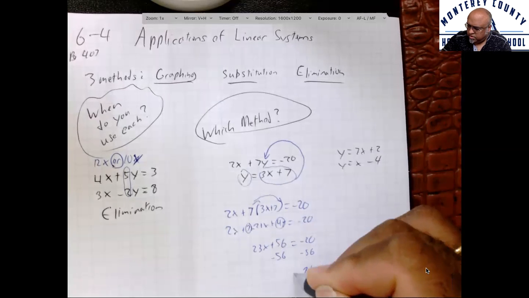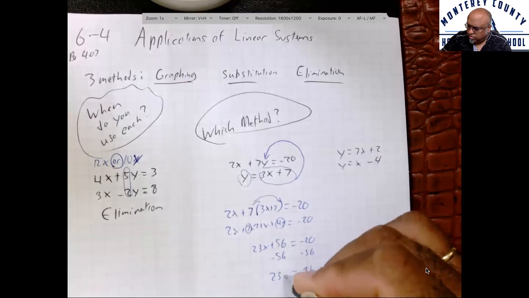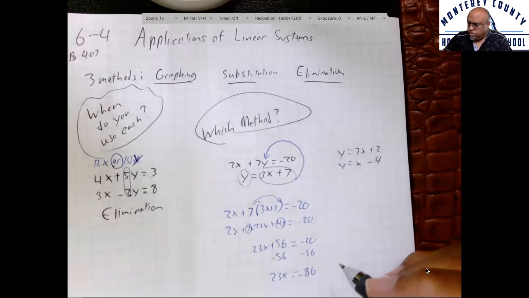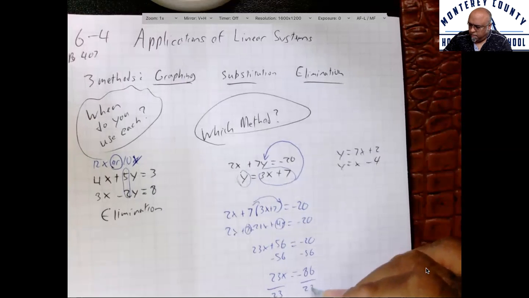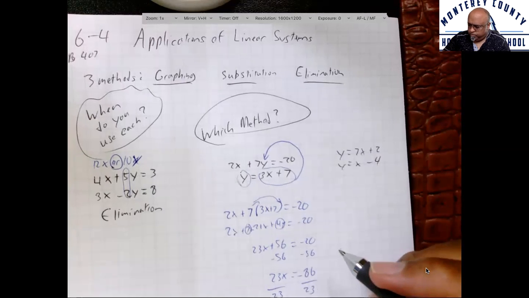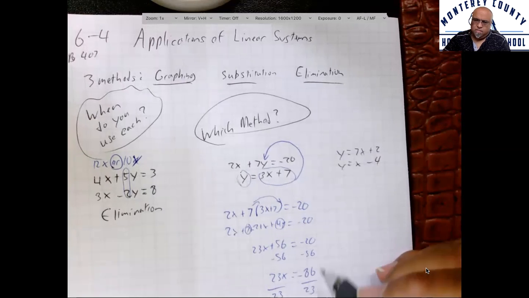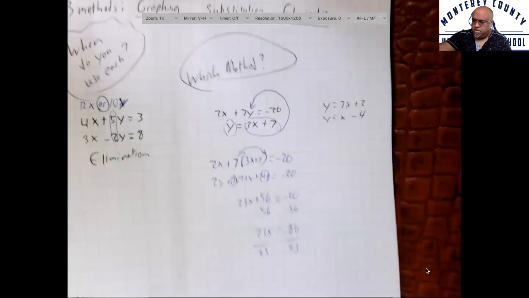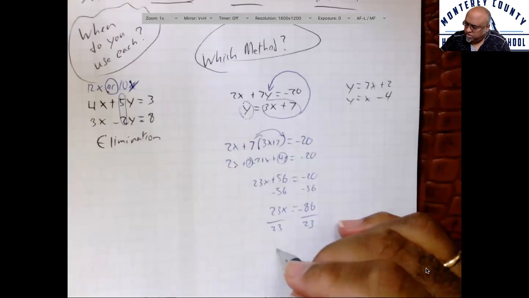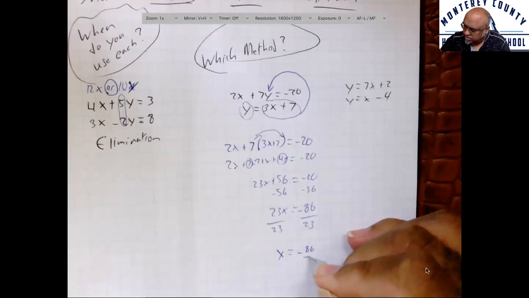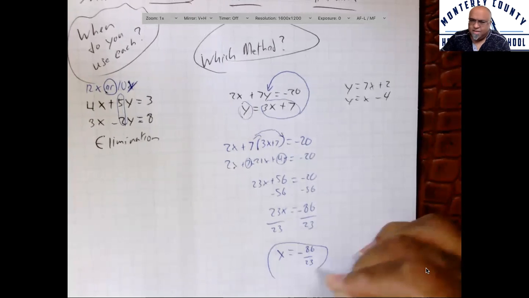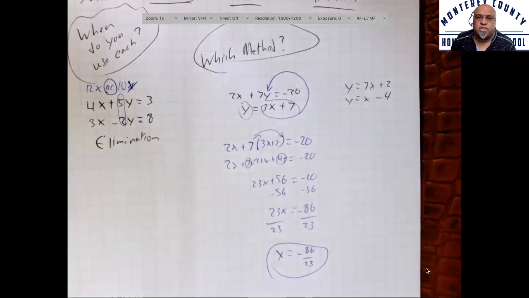Negative 69 equals 23x. Divide both sides by 23. I'm just going to do this the lazy man's way and say x is equal to the fraction of my result over 23, since my answer is going to be a fraction.